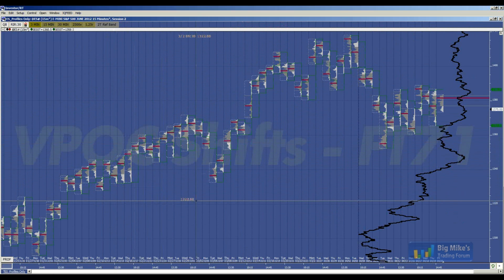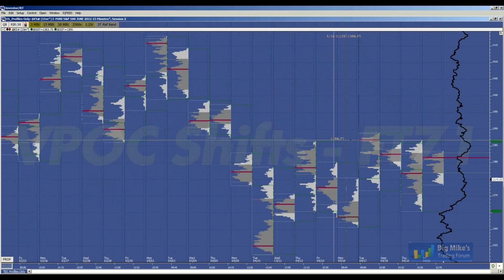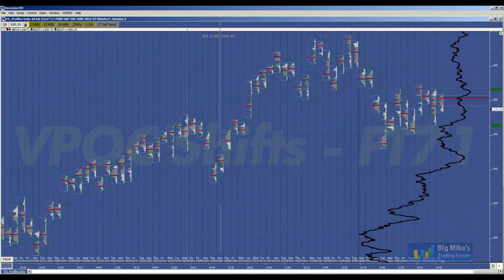Most people define trend as higher highs and higher lows, or lower highs and lower lows. I define trend by what prices are being accepted the most. And in order to do that, you have to look inside the bar. In order to look inside the bar, you can't beat volume, because the volume that's traded at price on any given period is irrelevant of time.